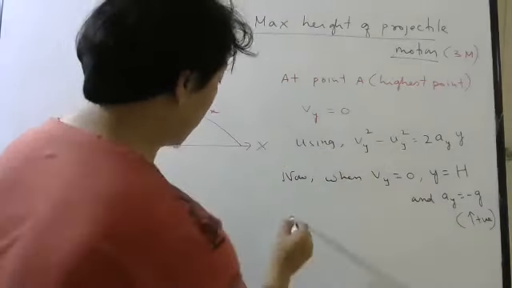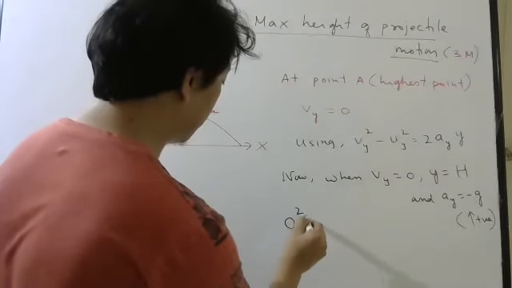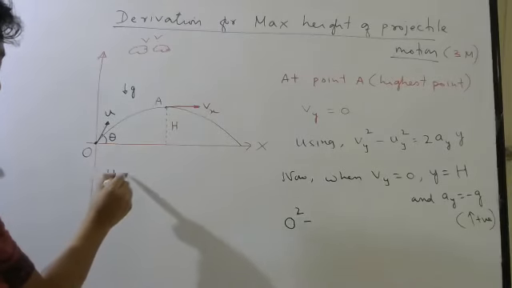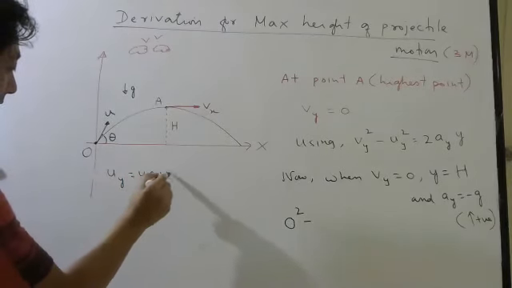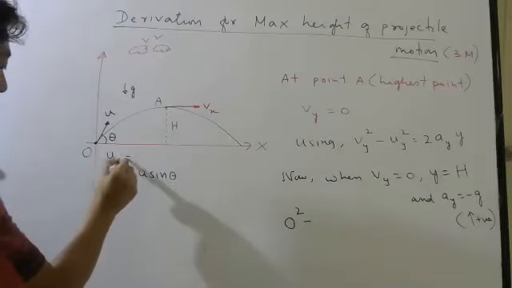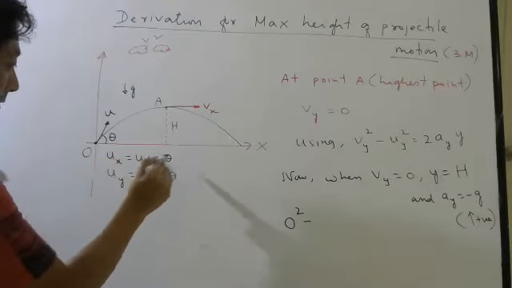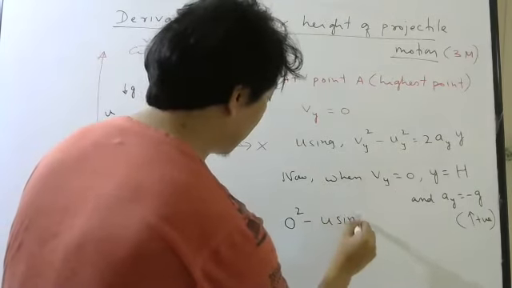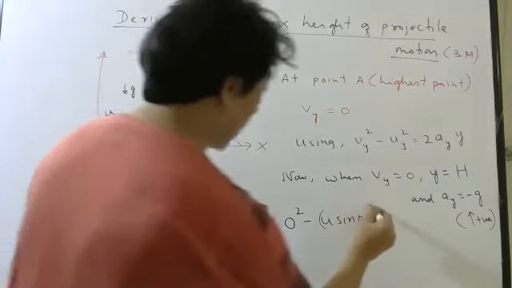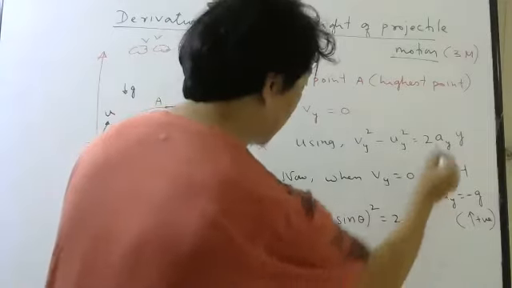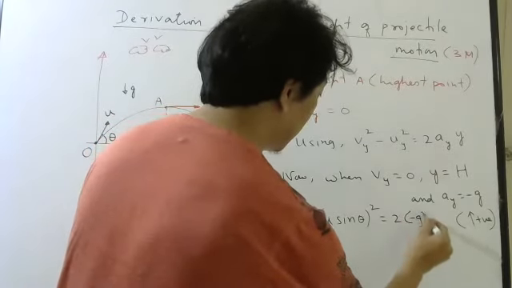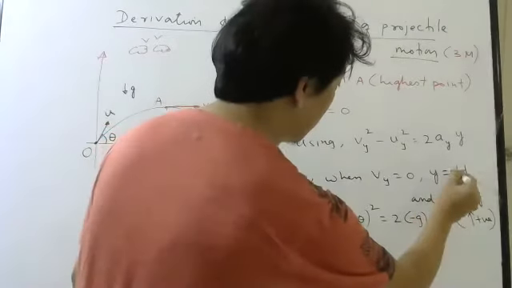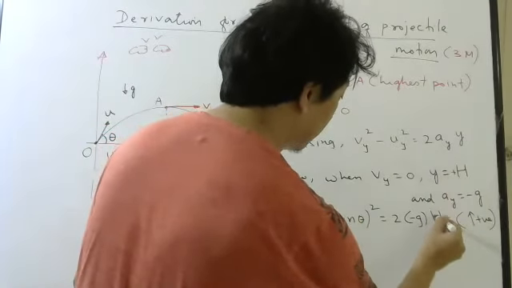When vy is 0, what is uy? uy is u sin theta, right? ux is u cos theta. So uy is (u sin theta) whole square. ay is minus g, and h is upward, so positive. y is positive, plus h.